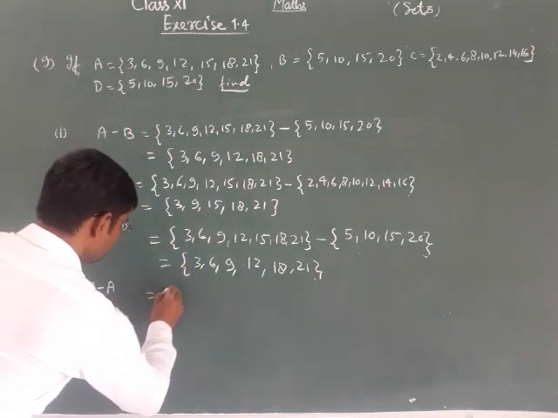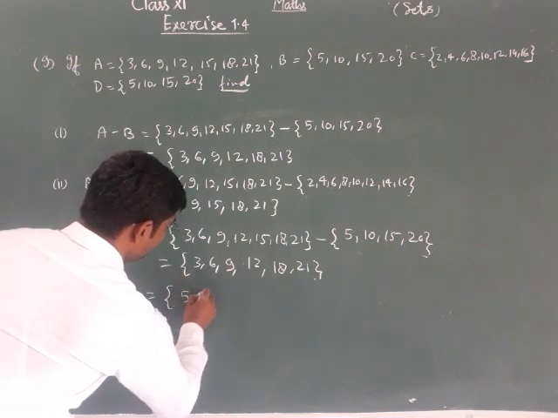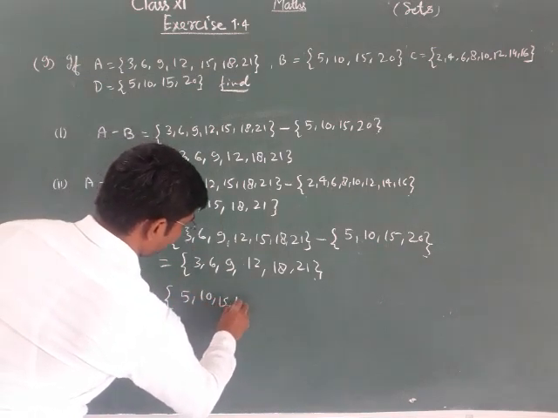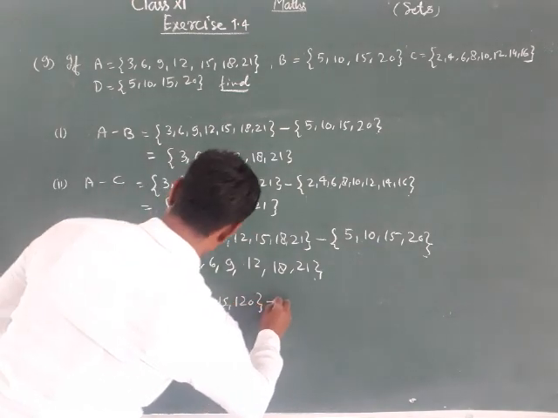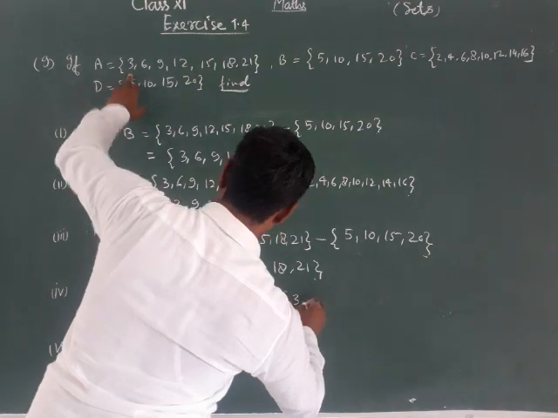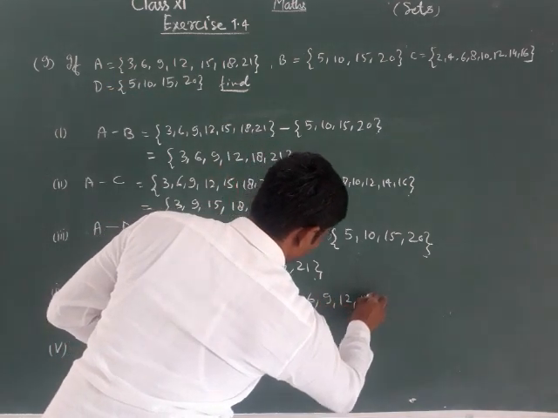And B minus A means B has elements 5, 10, 15 and 20, and A has elements 3, 6, 9, 12, 15.